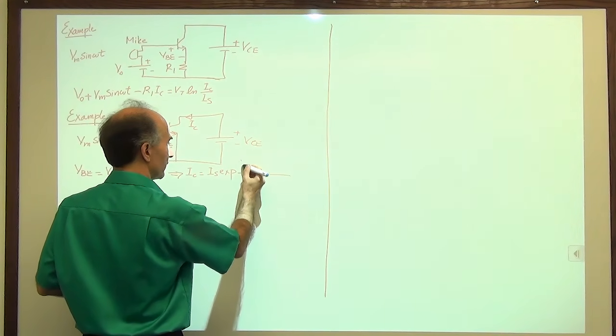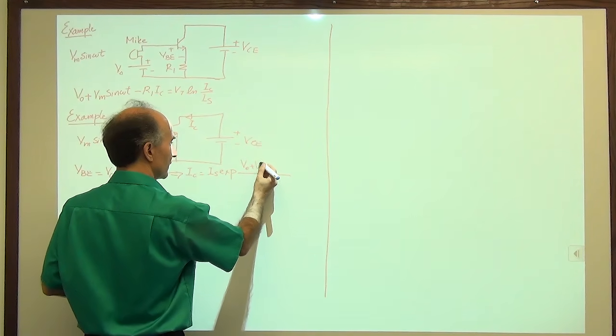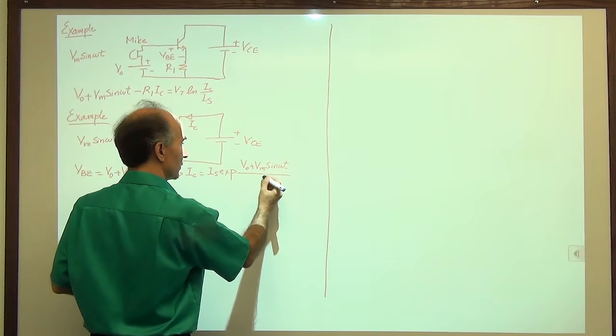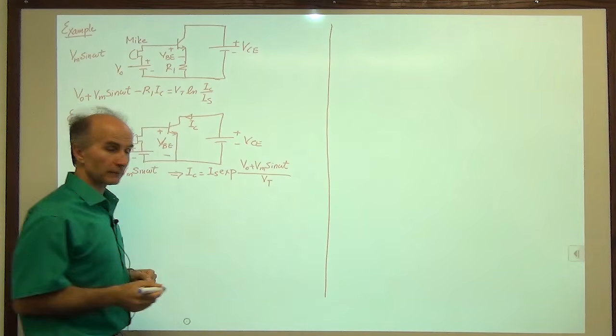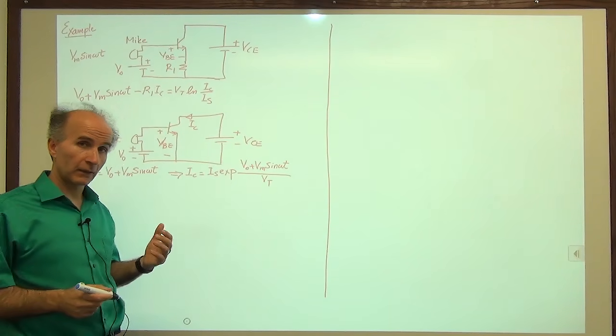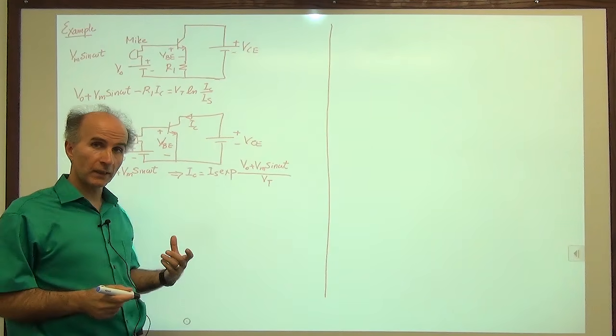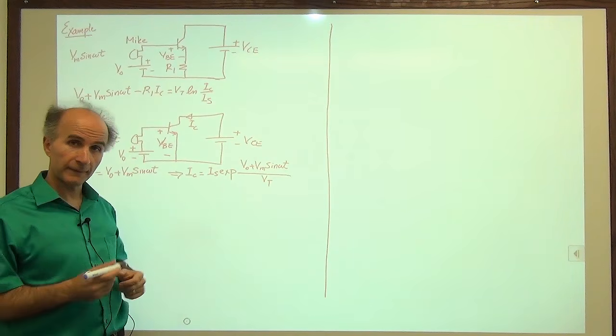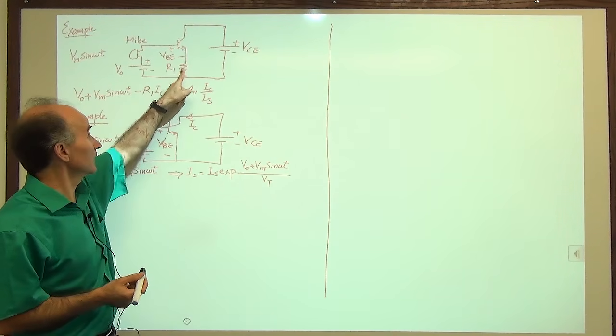So we have V0 plus Vm sine of omega t over Vt. So interestingly, we are able to find a closed form solution for IC in this case. Previously, we couldn't because of this resistor here.